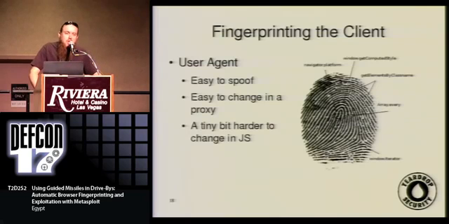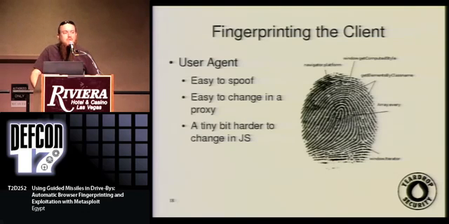Most of the available stuff for detecting what a browser is uses the user agent string, which is just a string that goes in the headers of an HTTP request that supposedly uniquely identifies any given browser.